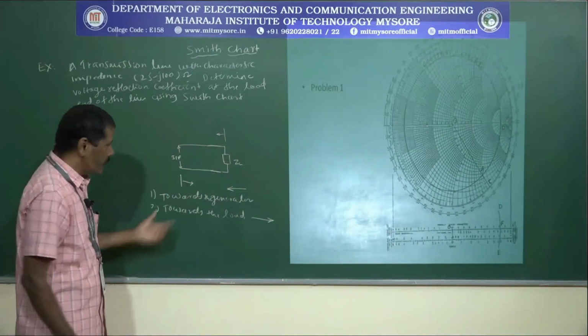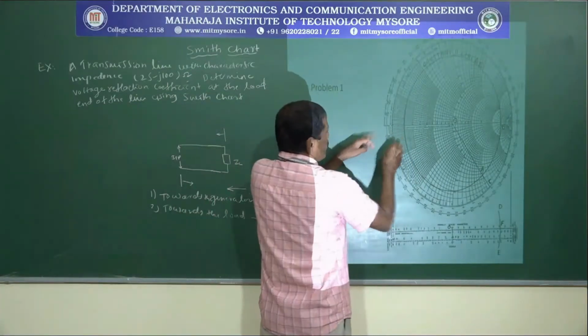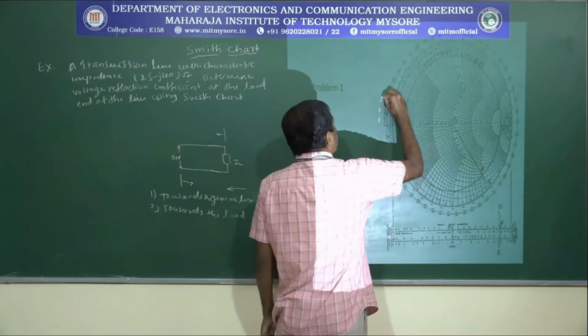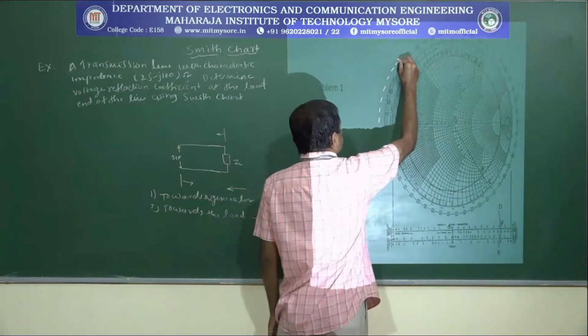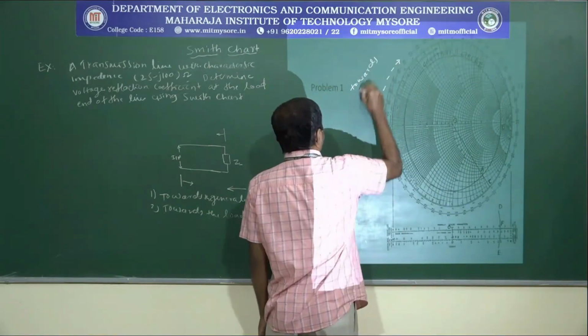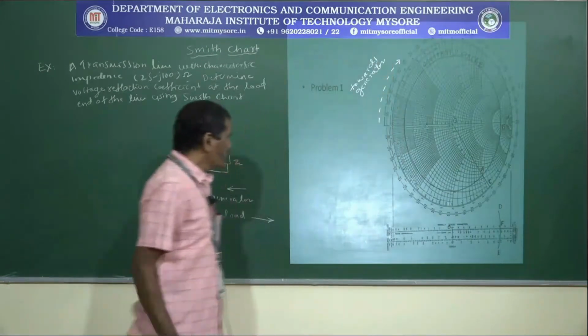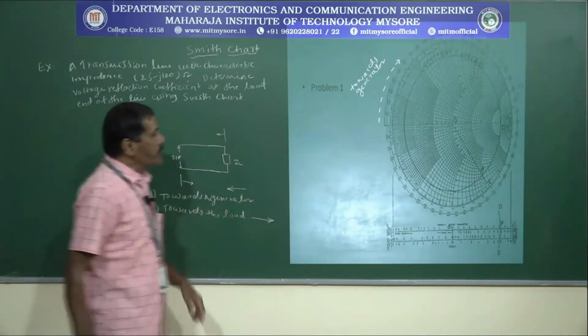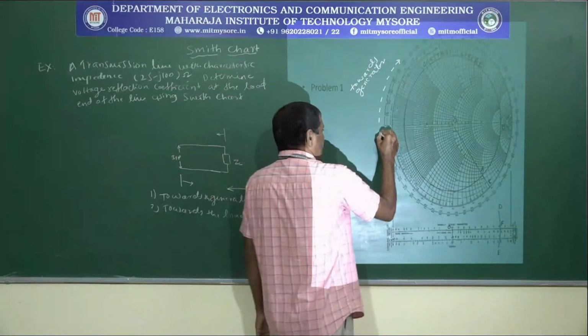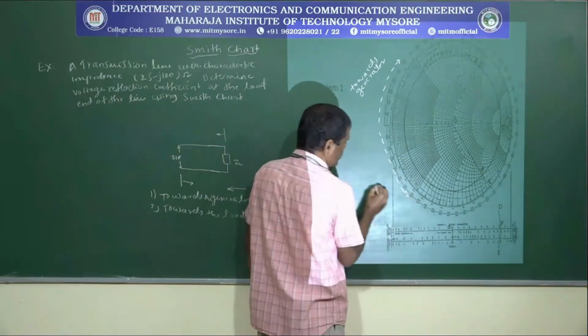Here you are moving in this direction and here you are moving in this direction. Now, when you want to move towards the generator, we will move in this direction, and towards the load, you are moving in these directions.